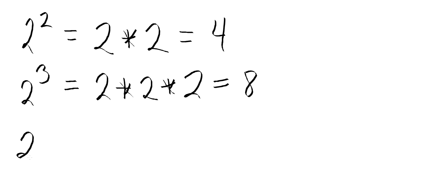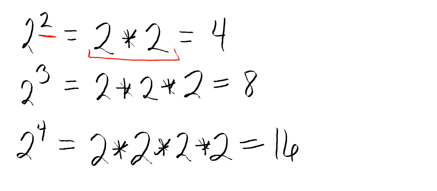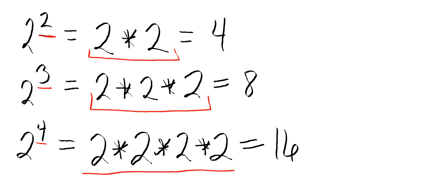Let's do one more row so we can see the growth. So 2 times 2 times 2 times 2 gives me 16. So when I had an exponent of 2, I had my base written twice. When I had my exponent as 3, I had my base multiplied 3 times. When I had my exponent as 4, I multiplied my base out 4 times.